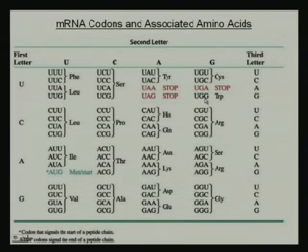This is the exception of the genetic code. Now let us take another example: CGU, CGC, CGA, CGG.